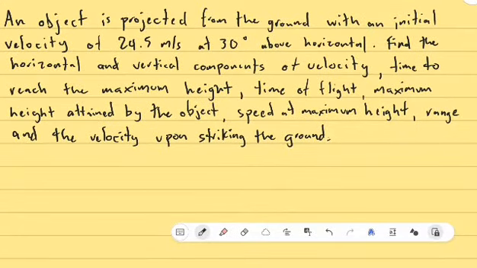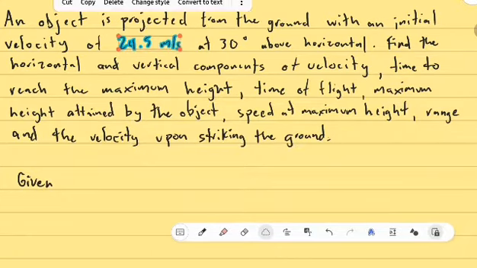So, first, para ma-initialize natin itong problem solving na to, we have to enumerate the given. So for the given, we have this is the initial velocity.